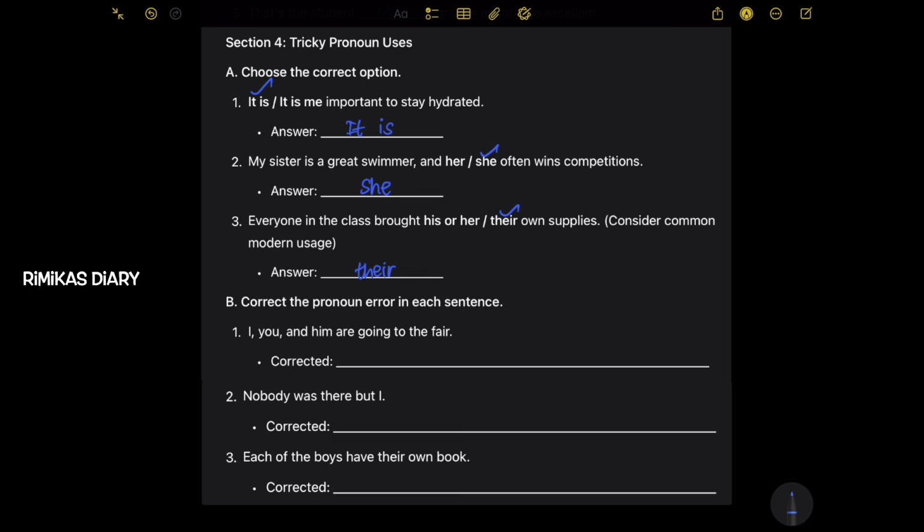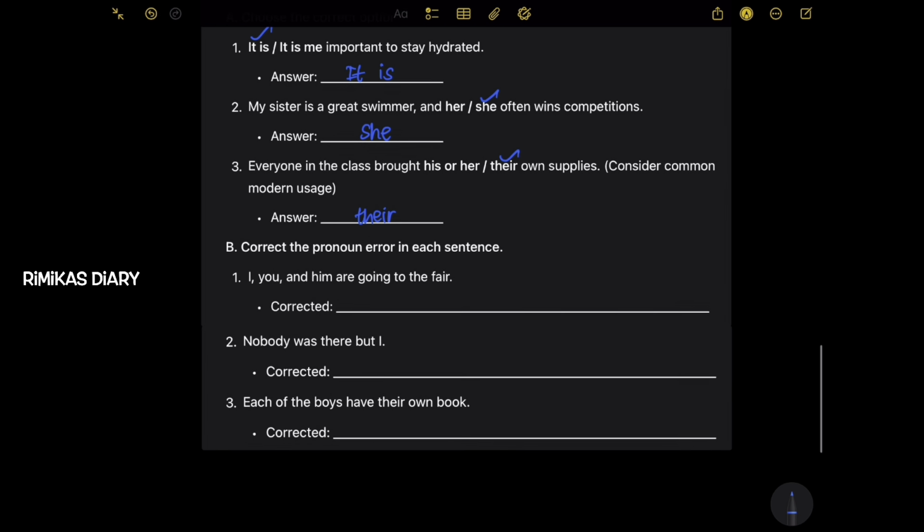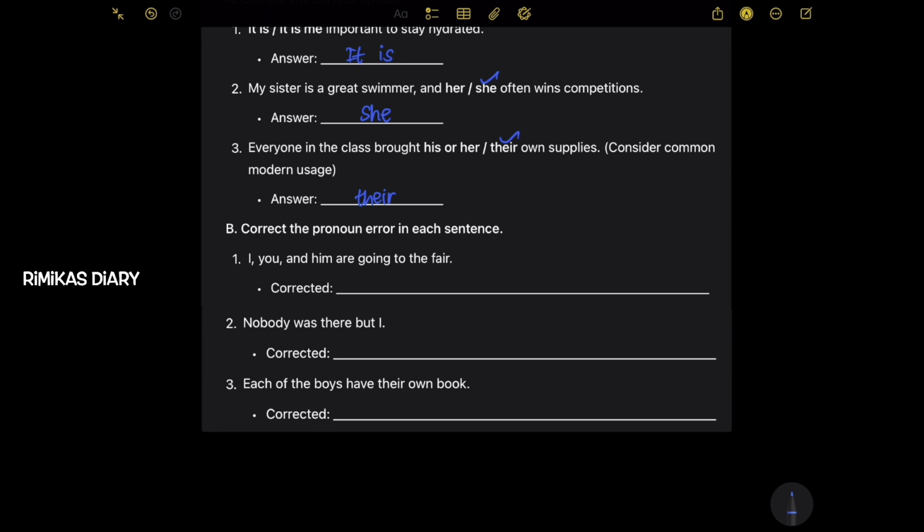B. Correct the pronoun error in each sentence. I, you, and him are going to the fair. So it should be corrected as you, he, and I are going to the fair.